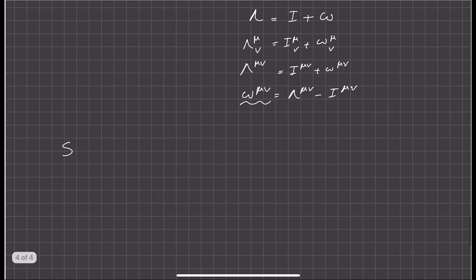So S of lambda can be written as exponential term of some I. So we have this I complex variable, and then we have the generators of the group, the generators of that representation, which we are going to see how it is connected to the gamma matrices, times the omega, so the infinitesimal angle or infinitesimal parameter for rotation.